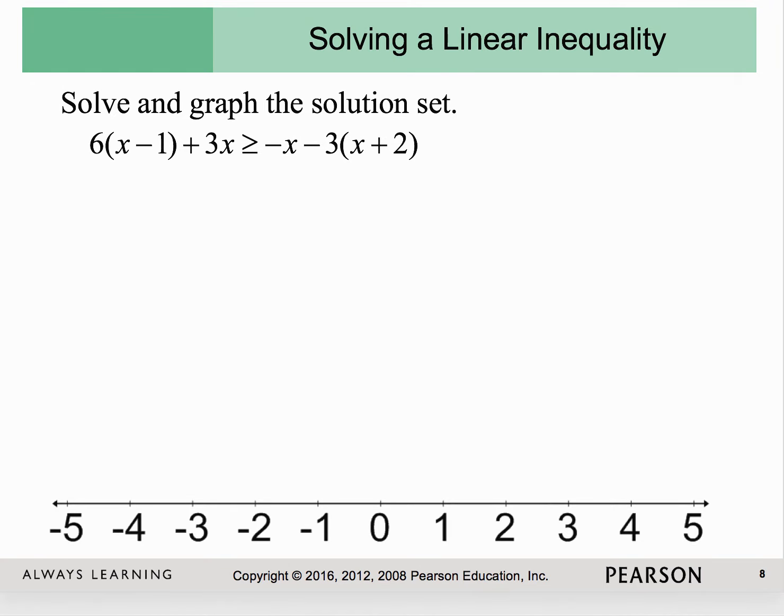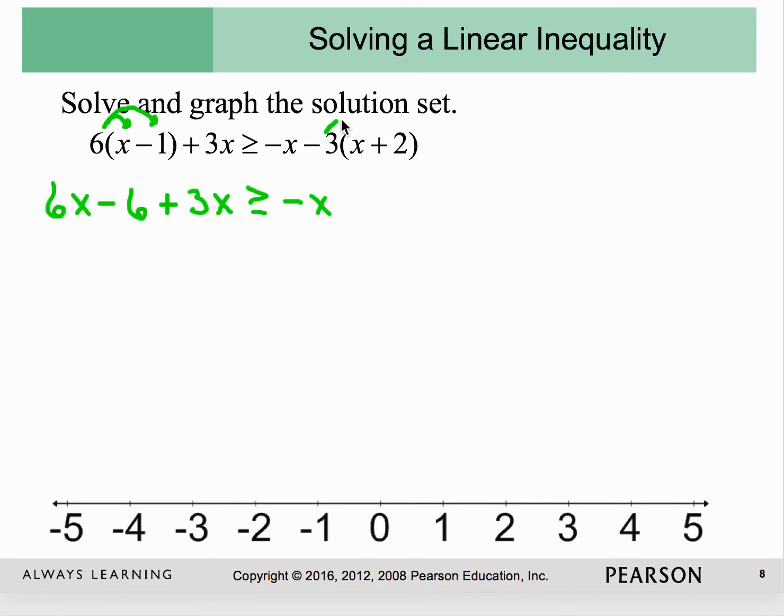Okay, they stepped it up quite a bit from one problem to the next, didn't they? But it doesn't matter because it's just like an equation. Okay, first step, get rid of parentheses. So let's distribute this 6. So I have 6x minus 6 plus 3x greater than or equal to negative x.